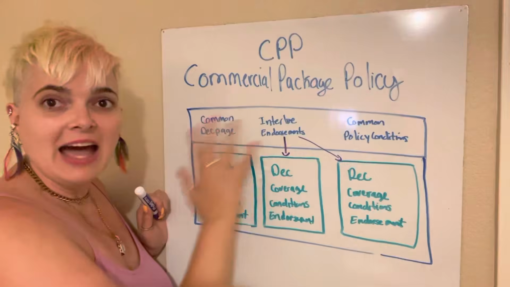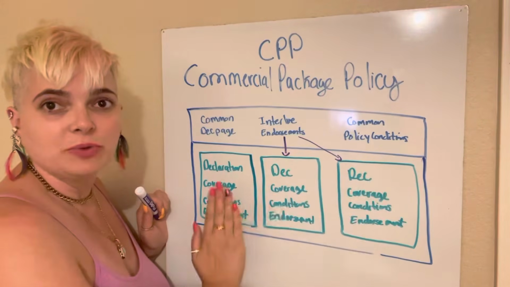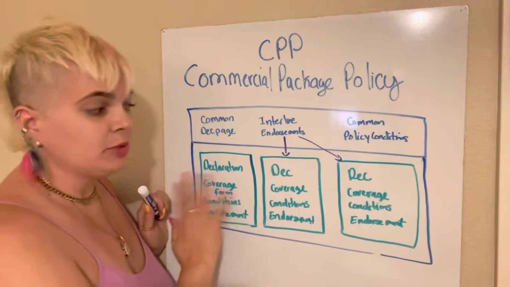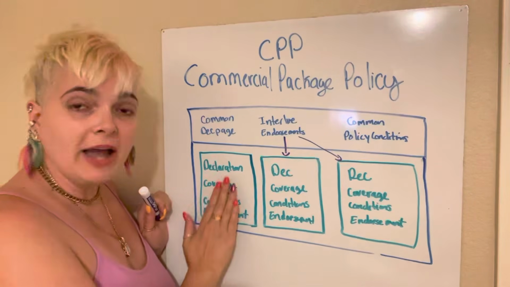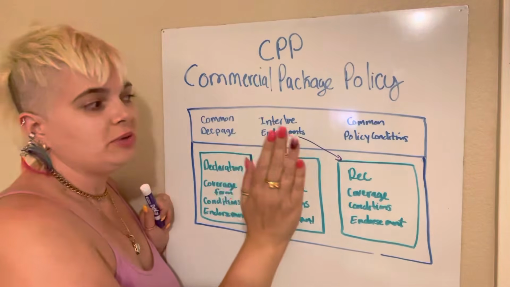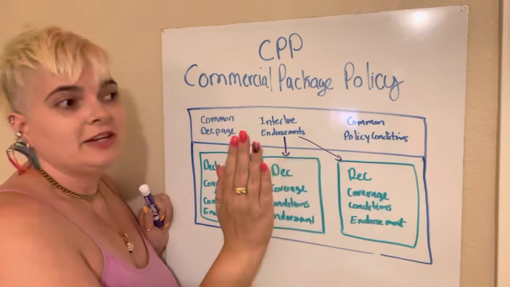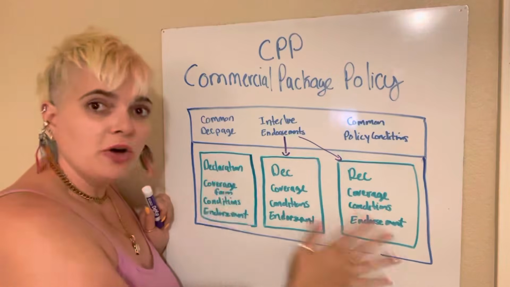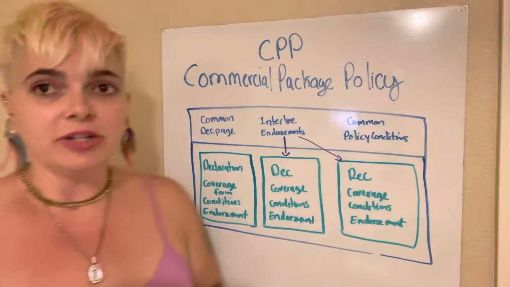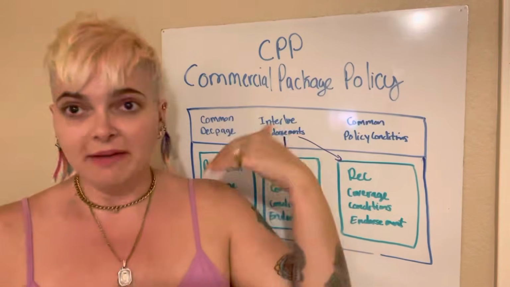Then inside the policy, we have 3 individual policies. And these could be a bunch of different things. It could be commercial, it could be crime coverage, it could be installation floater, it could be jewelry block, it could be farm. Like all of these represent the different forms. When you're reading that chapter, they're going to talk about form after form after form.